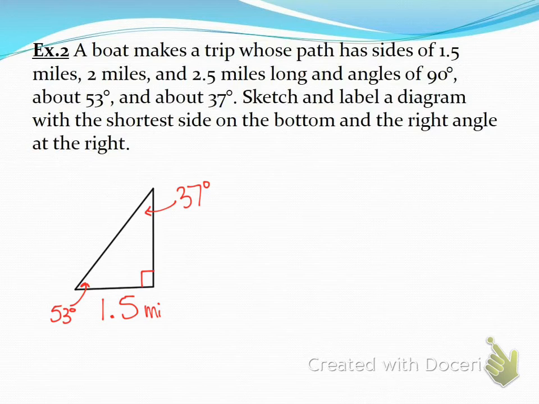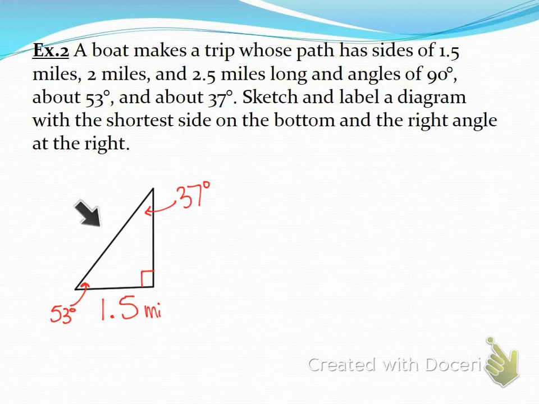So then we just have to decide which side gets labeled with 2 miles and which one gets labeled with 2.5 miles. Any thoughts about how to make that decision? Atea? Would the leg on this side be 2.5 since it's across from 53? I will disagree. Because 53 is not 90. Okay, good.